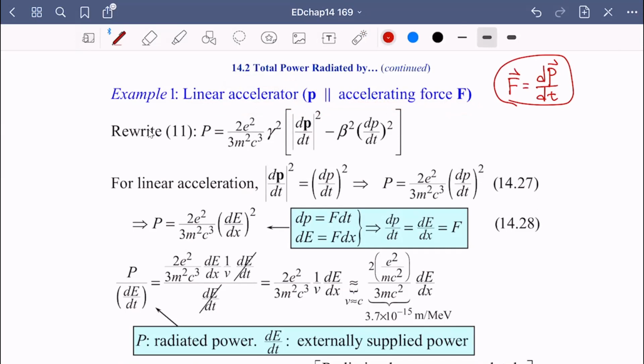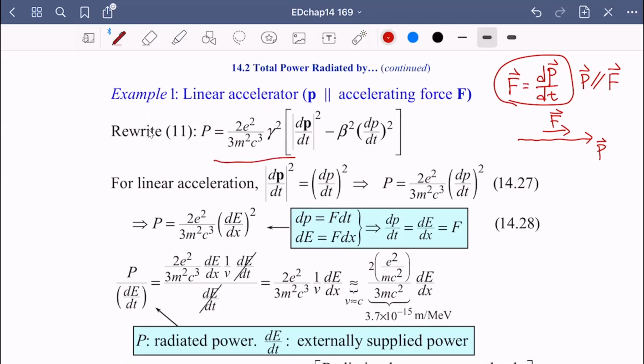And now we assume momentum and force is the same, okay? That is, the particle moves in this direction, and the force is also in this direction, the same, okay?